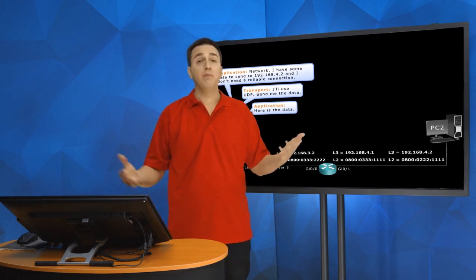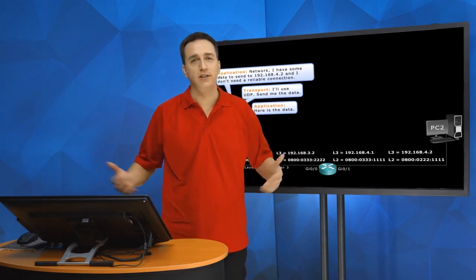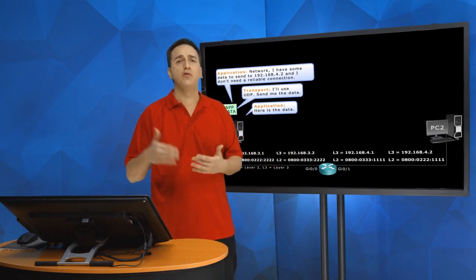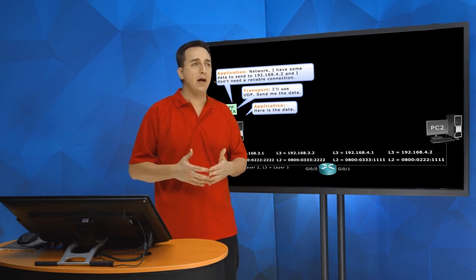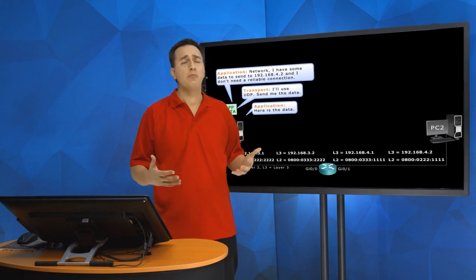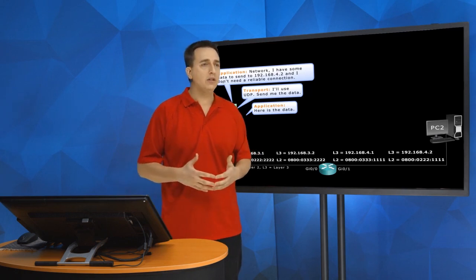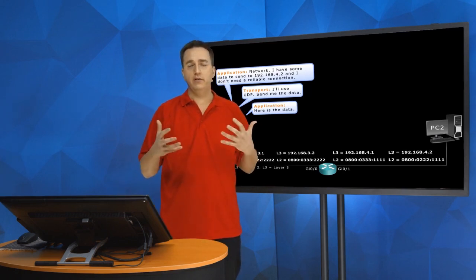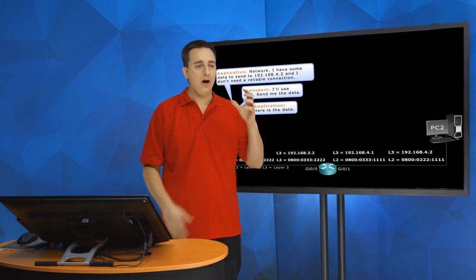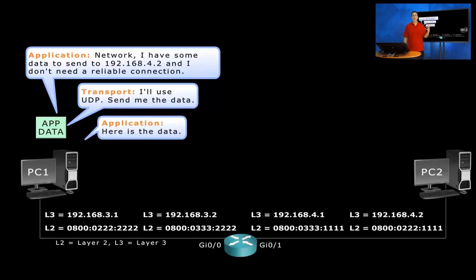Or I typed in my application 192.168.4.2. One or the other happened, but more than likely DNS resolved the name for me and gave me that IP address. In this example here, we're going to use UDP for this communication. So now we need to go down through the OSI model. We have our application layer, our presentation layer, our session layer, and for the TCP/IP stack, that's all part of the exact same application layer.